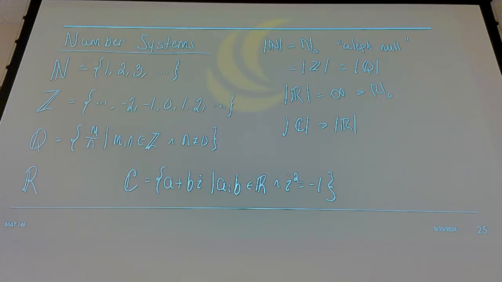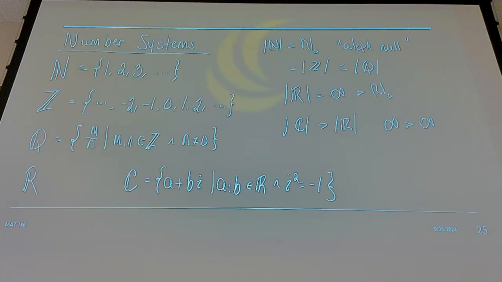Which leads to an interesting consequence: infinity is greater than infinity. But remember, infinity is just a concept, so that statement is kind of nonsense. But it does give an idea that there are levels of infinity that we work with.